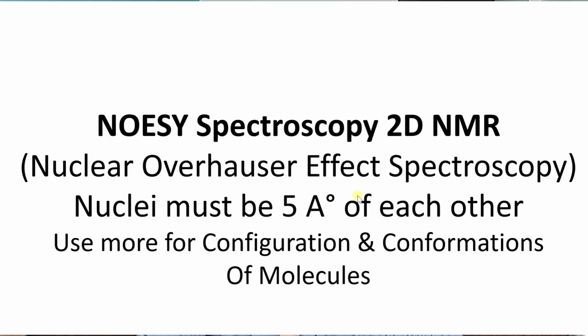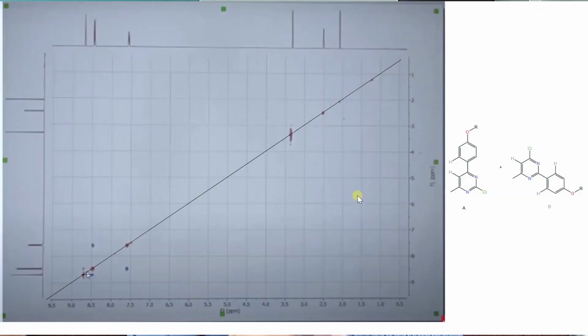Now let's understand how we can see the NOESY spectroscopy. Right here we can see that A or B, these two are the possible products.